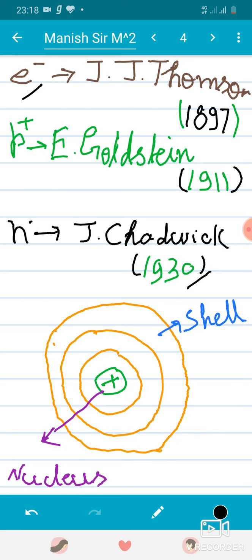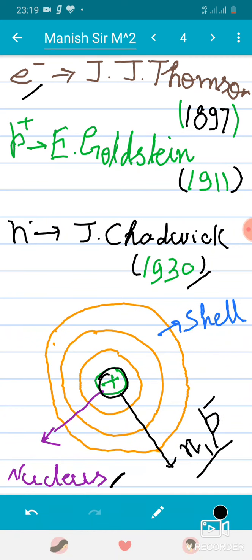As we said earlier, the combination of neutron and proton presented in the center of the atom is known as the nucleus of the atom. This is the nucleus of any atom, which contains the neutrons and protons.